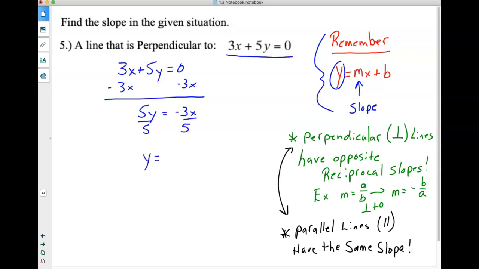So y equals negative 3 over 5x, and the 0 is gone. So if I'm looking at the line I'm talking about, m, the slope here, is negative 3 over 5. So perpendicular to that is m equaling, okay, this one's negative, so this one's positive, and all I need to do is flip it, put the 5 in the top and the 3.